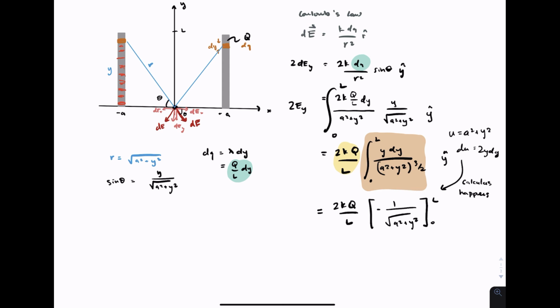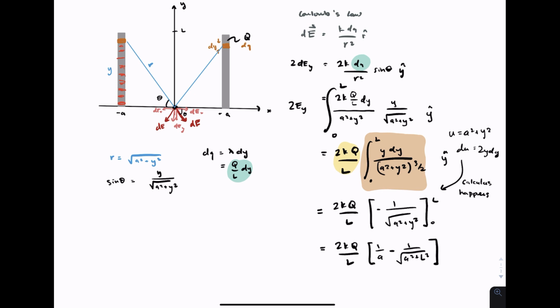All right, so you plug in your L's and you end up with something that looks like 2kq, 1 over a minus 1 over the square root of a squared plus L squared. Oh, I think we lost a 2. We lose a 2 somewhere. No, we didn't. The 2 from the du part.